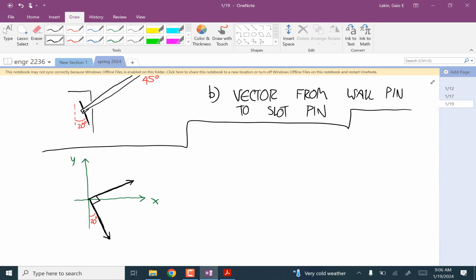Start in the direction of the positive x-axis. Go clockwise 90 degrees. So that's minus 90. Now go counterclockwise 20 degrees. So we're at minus 70. Now go counterclockwise another 90. That puts us at positive 20. And so the angle that we want is positive 20 degrees.